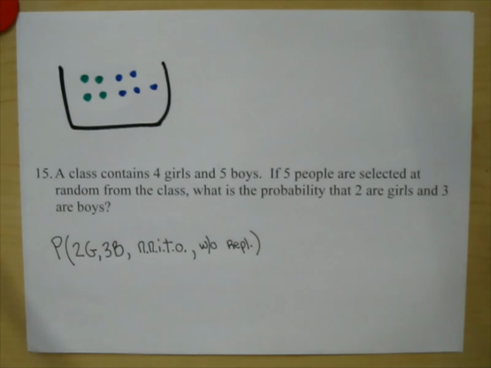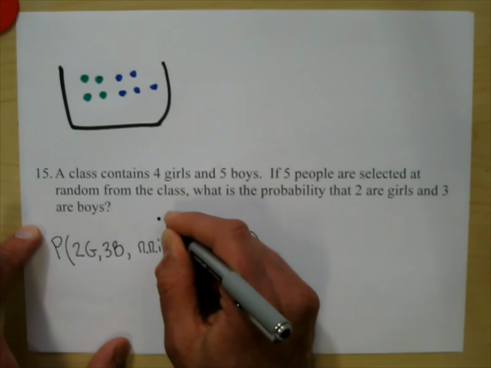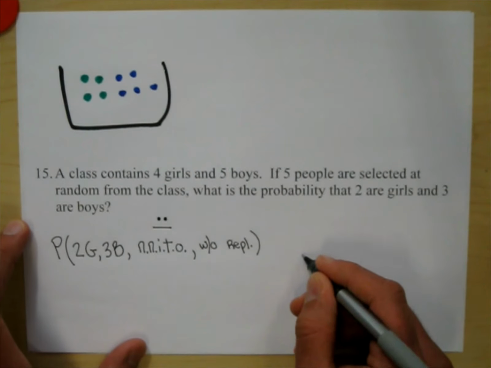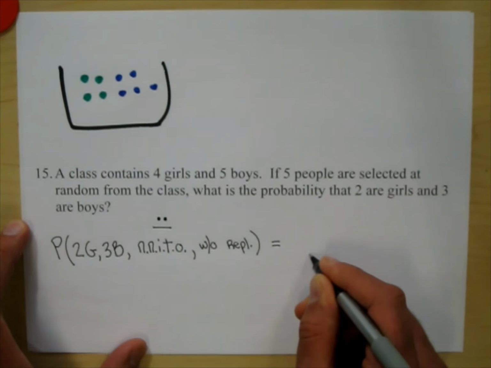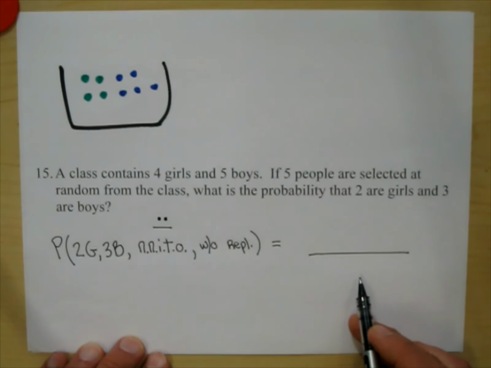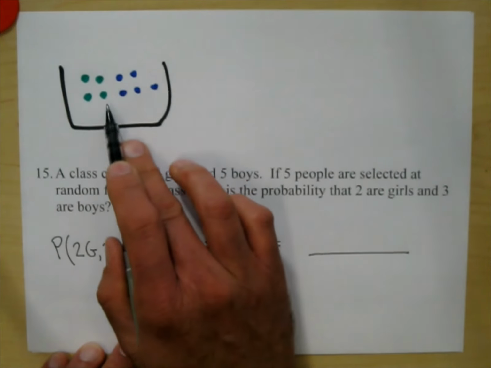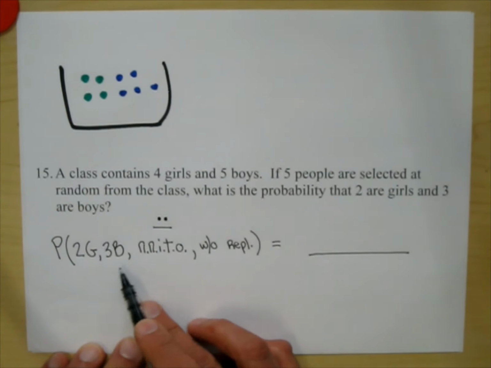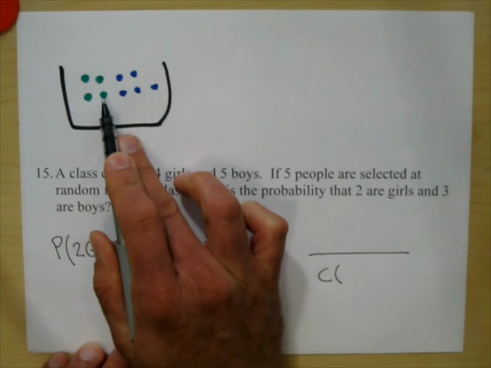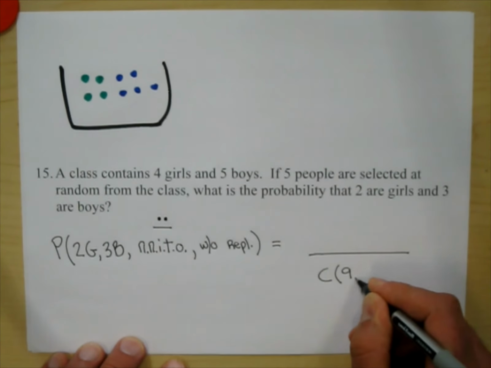Okay, so this is the one where we say, because we can't do it one fraction at a time, we'll write our big fraction bar, and on the bottom, I always like to approach the bottom first. It's just a personal thing. How many marbles am I pulling from this box? I'm pulling 5 total. So it's going to be something choose 5. It's going to be 9 choose 5.